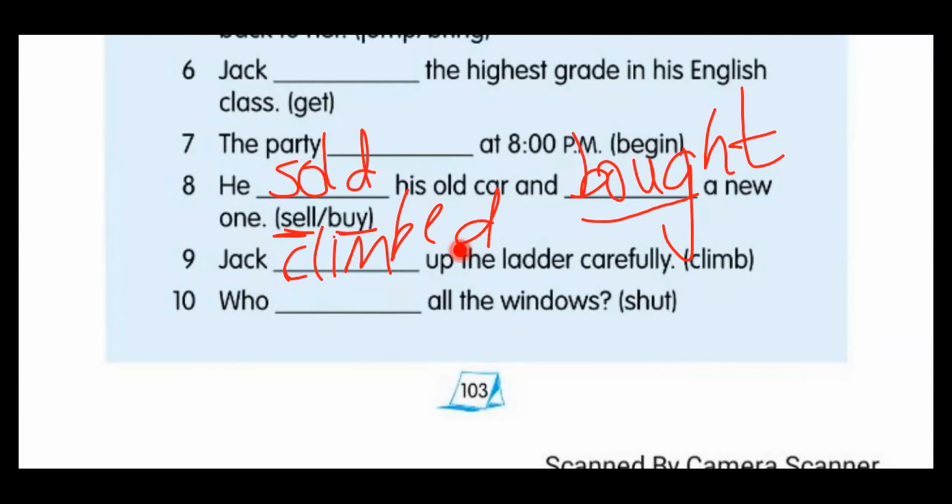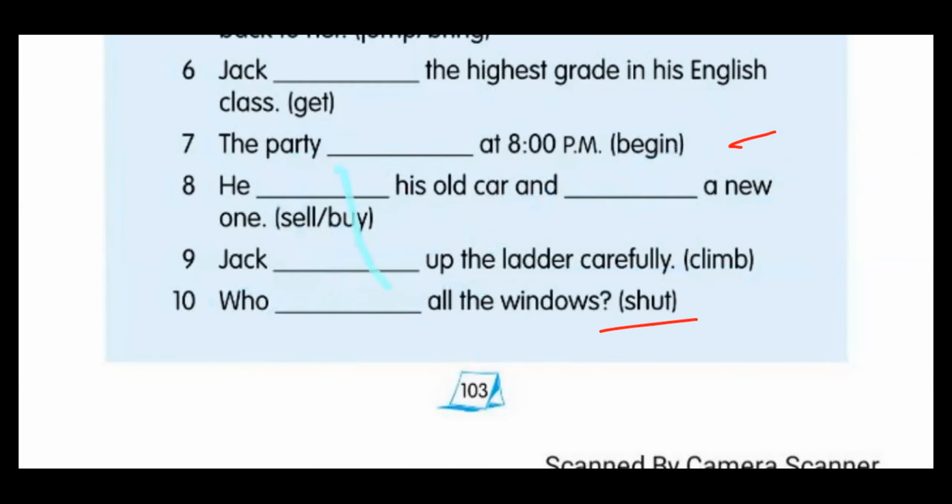Next, who dash all the windows? Who shut will become shut only. Who shut all the windows? S-H-U-T. Shut is an irregular verb, so we didn't add any ed over here. We did not say shutted. Shut will be shut only, because it is an irregular verb. Who shut all the windows?